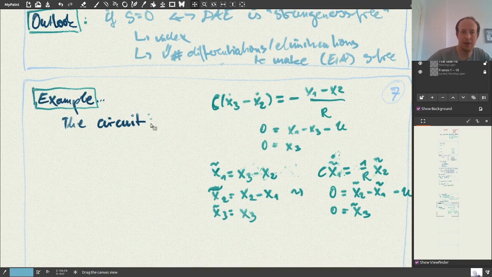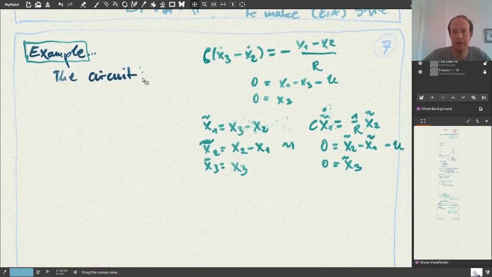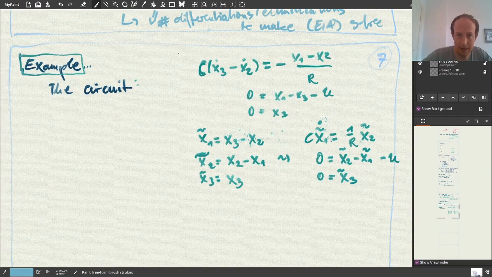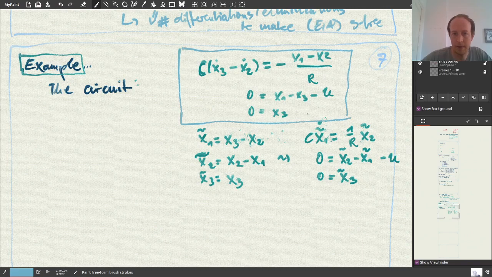Okay, and yes. And now I wanted to just show you an example what these equations look like in practice. What does it mean? And here we take our circuit example that we had in the first lecture. And this goes like, here we have the C for the capacitor, x3 dot minus x2 is this right hand side.